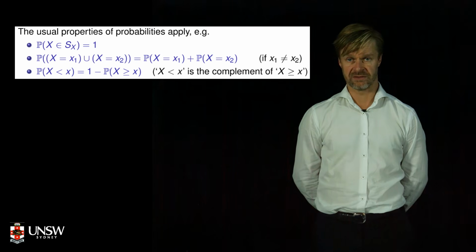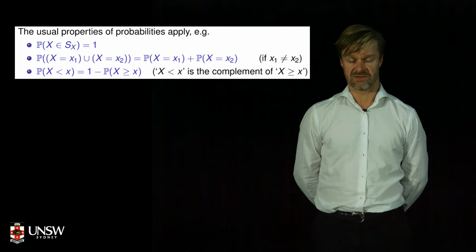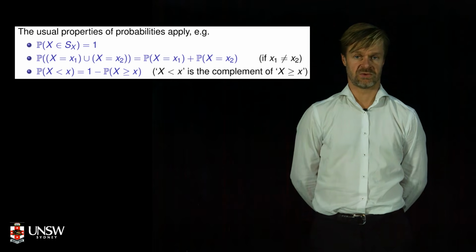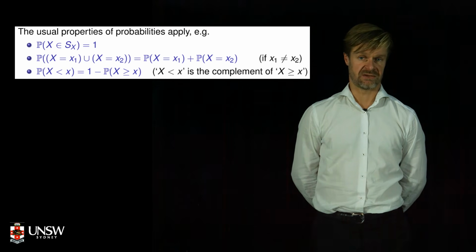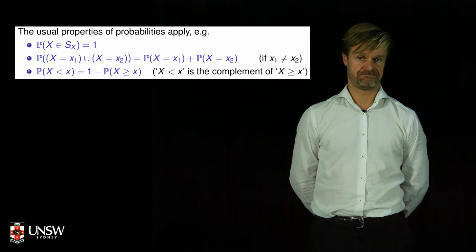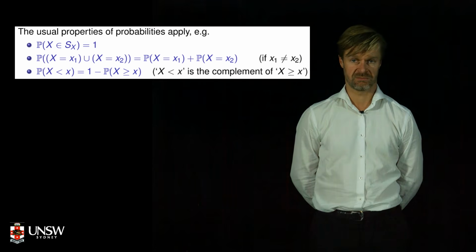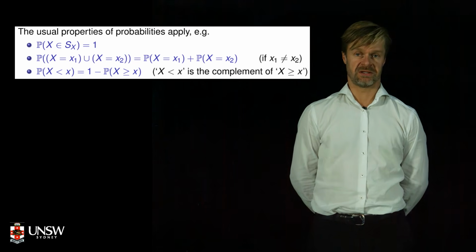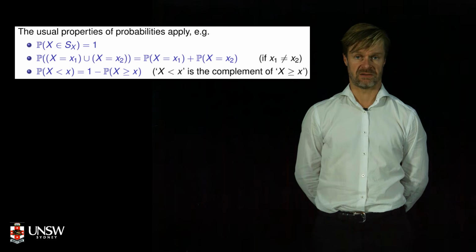If X is equal to 1, then X wasn't equal to 2. And so we can sum probabilities using rules for mutually exclusive events. The probability that X is 1 or 2 is the probability that X is 1 plus the probability that X is 2. Complements: the probability that X is less than x is 1 minus the probability that X is bigger than or equal to x. All this stuff applies to the random variable X now.